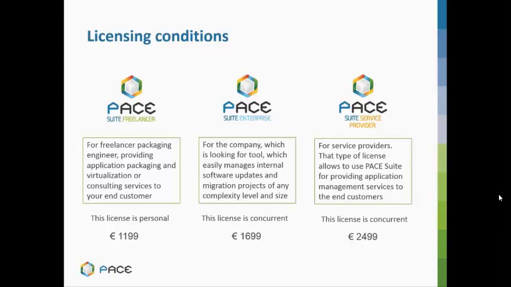The answer is no, because a freelancer license, according to the license conditions, is bought by an independent consultant, a self-employed person who is not full-time employed by any company. So if an enterprise or an enterprise service provider wants PACE to be used by their consultants, they need to buy either the PACE Enterprise or the PACE Service Provider license.